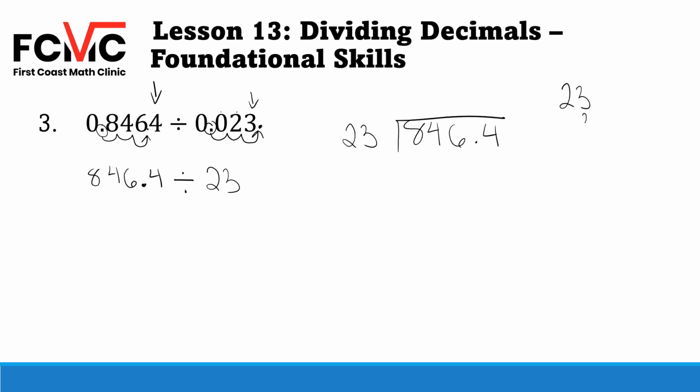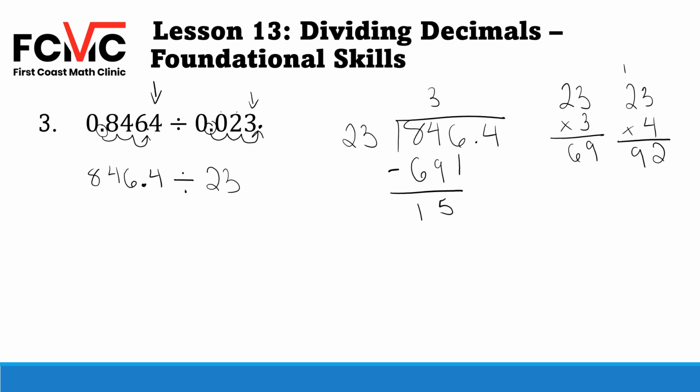Let's try 3 times. So we get 69. 4 is probably going to be too big. If we do 4, we get 92. So let's do 3. So 69. Subtract, and we're going to get 15. Let's bring down that 6.